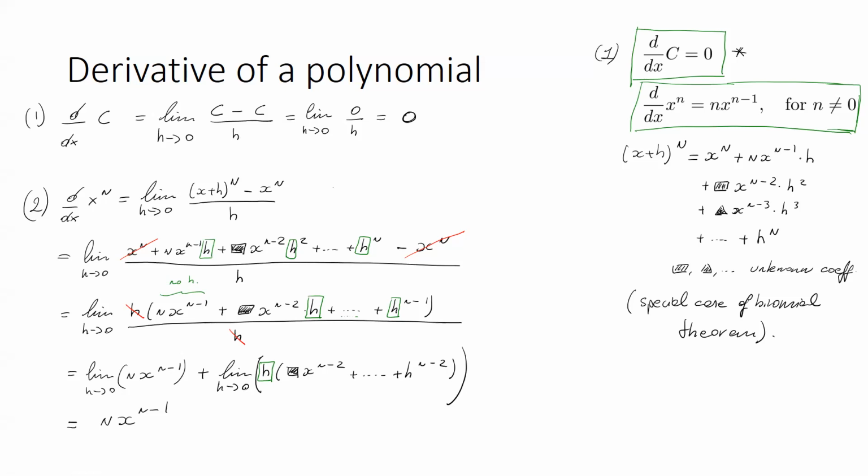But if I let h go to 0, then everything in between parentheses is going to go to 0 because we multiply it by h. So this whole big messy limit is going to be equal to 0. And we're left with just n times x^(n-1). And that gives us precisely our second formula right here.